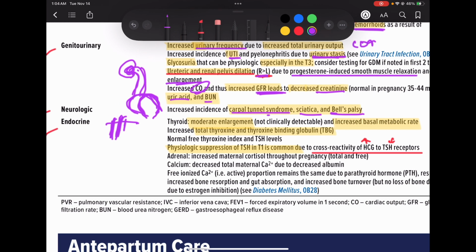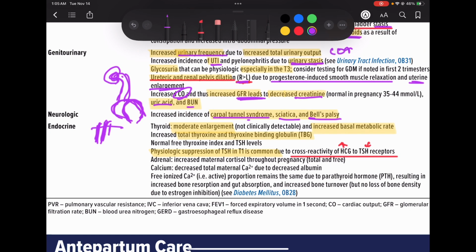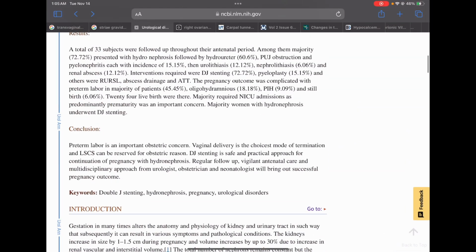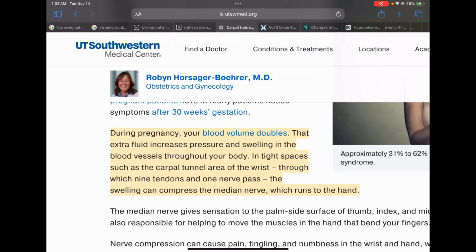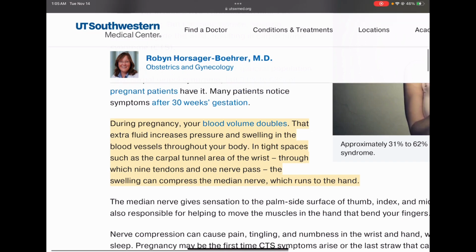So such impingements are increased because of the increase in blood volume.